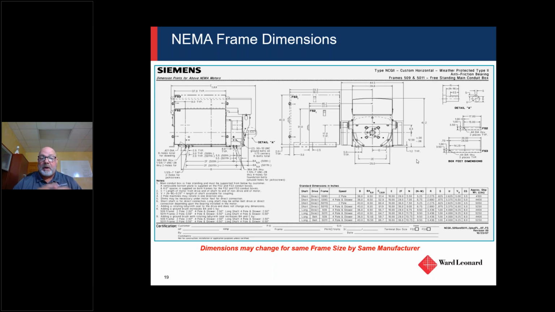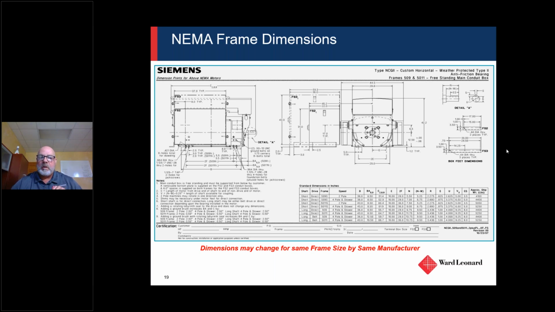Once we get above NEMA, because we talked about the standardization of NEMA through 447T, there are above-NEMA motors, and there's some consistency when you talk about 5,000 and 6,000 series frame sizes. But I'll be honest with you, that really varies by manufacturer.